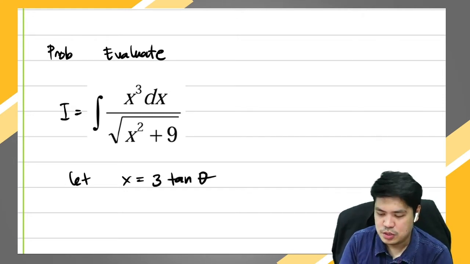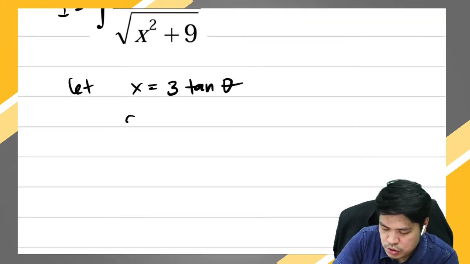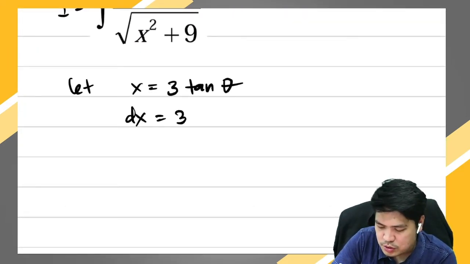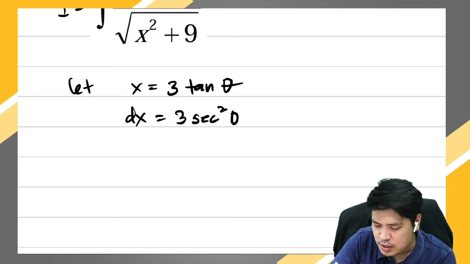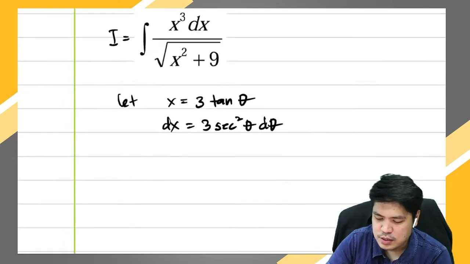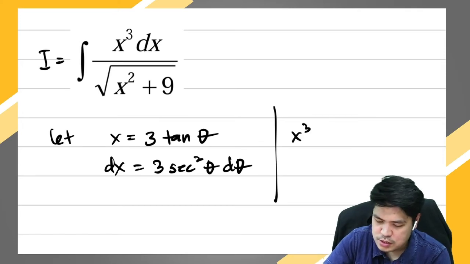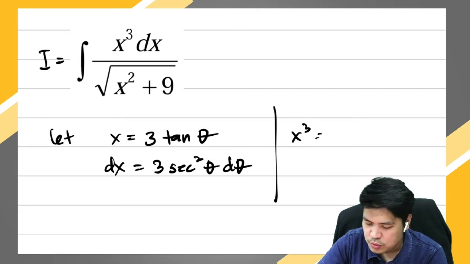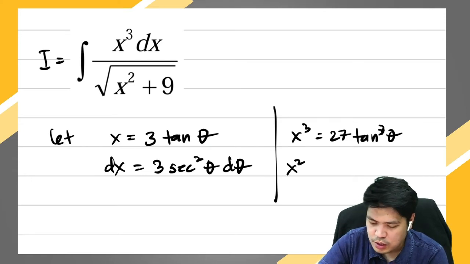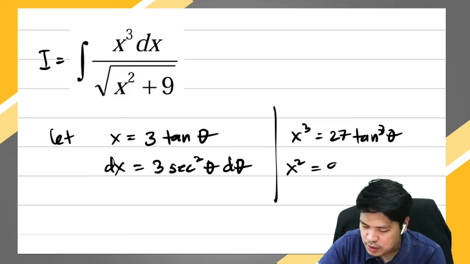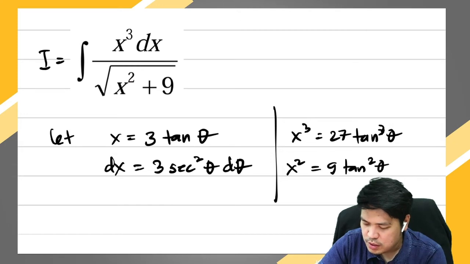So that would be our substitution. So dx now is just equal to 3 secant squared theta d theta. And it also follows that if we have x cubed, we just raise this to 3. So we'll have 3 cubed, that's 27 tangent cube theta. And for x squared, that would be 9 tangent squared theta.